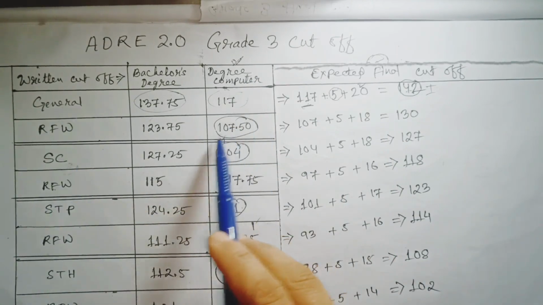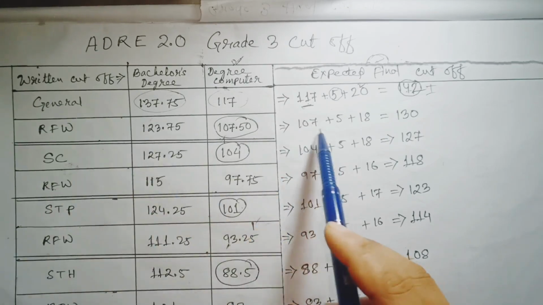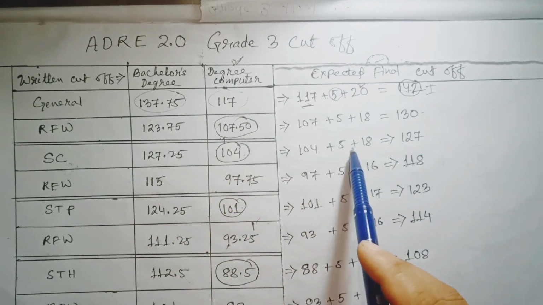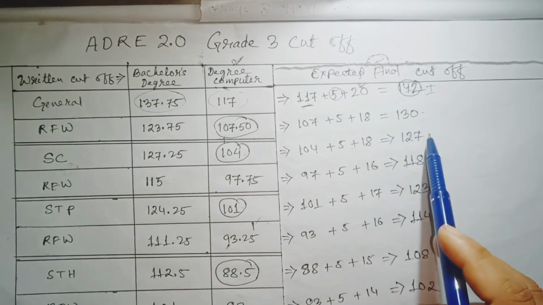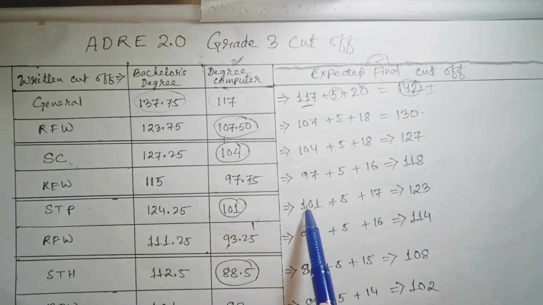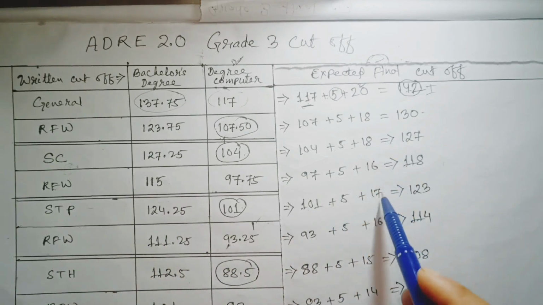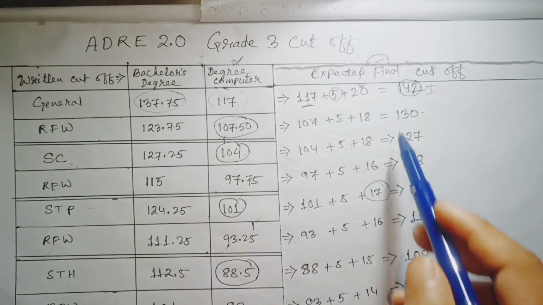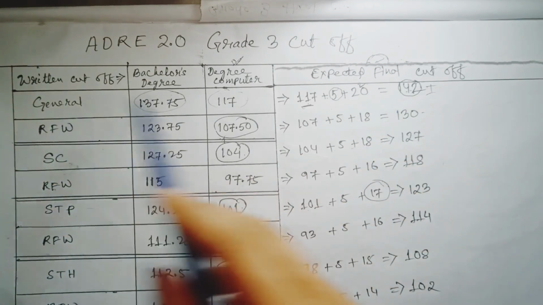In the same way, for SC, 104 plus 5 plus 18, that is 127. For ST plains, I have taken the skill test marks as 17, because for general it is 20.